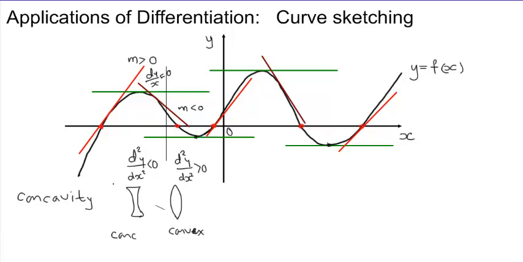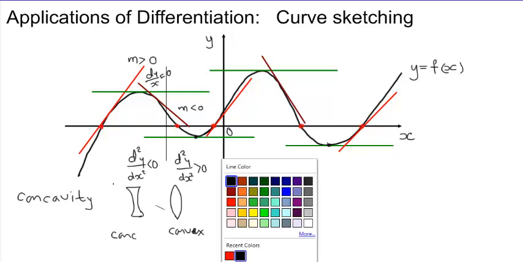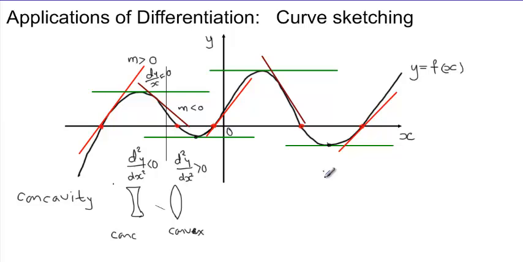We normally call them local minimum. These two. And the other two there, they will be also called local maximum.